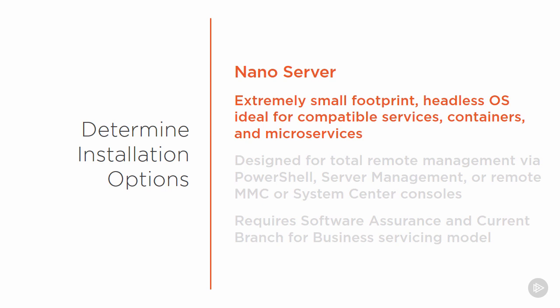The reality with the immediate release of Server 2016, as we're filming today, is that Nano Server is probably going to be useful for your future outlook, for services that you may end up crafting yourself inside your environment that are specifically designed to work with Nano Server. That's why we have the term compatible services here. It's not likely, at least in the near-term future, that you'll be installing regular legacy applications like you're used to working with in the full GUI version of Windows onto your Nano Server instances.